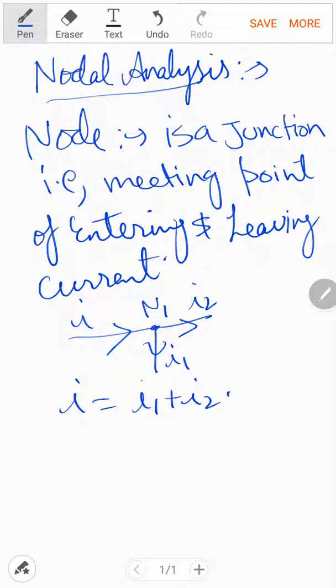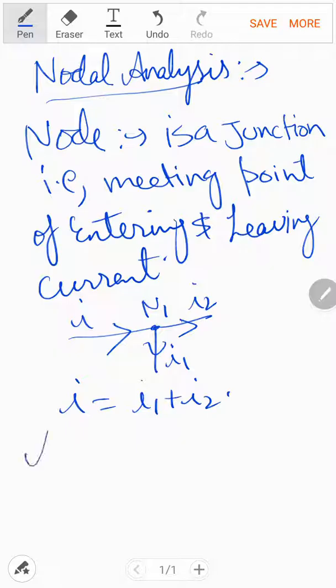So now if we have a circuit with some resistance and some voltage, how do we solve that circuit? By solving the circuit I mean how to get the voltage at nodes.